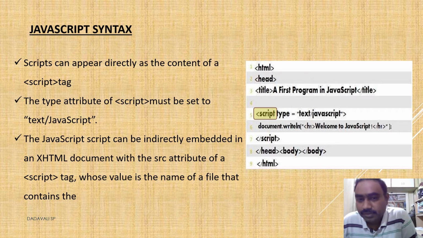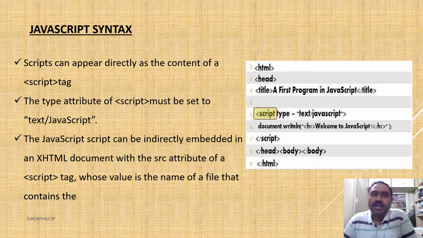Next, we concentrate on how to write JavaScript script. In the previous unit, we learned how to write HTML files and how to run HTML files. But here you see within the HTML code, within the HTML tags, a script can appear directly as the content of a script tag, using the script tag.